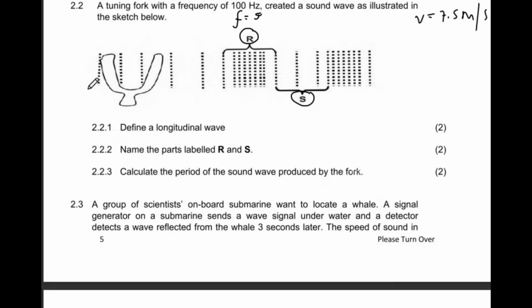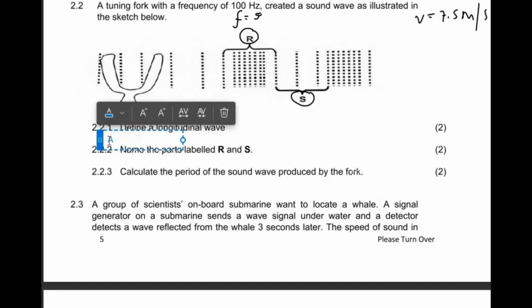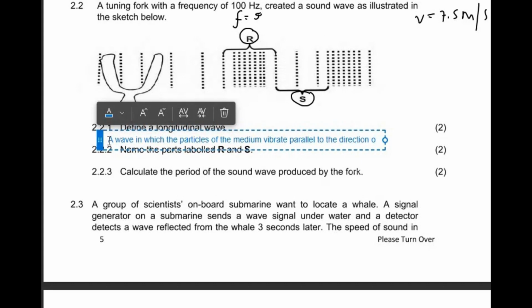The first question is, define a longitudinal wave. What is a longitudinal wave? A longitudinal wave is a wave in which the particles of the medium vibrate parallel to the direction of motion of the wave.